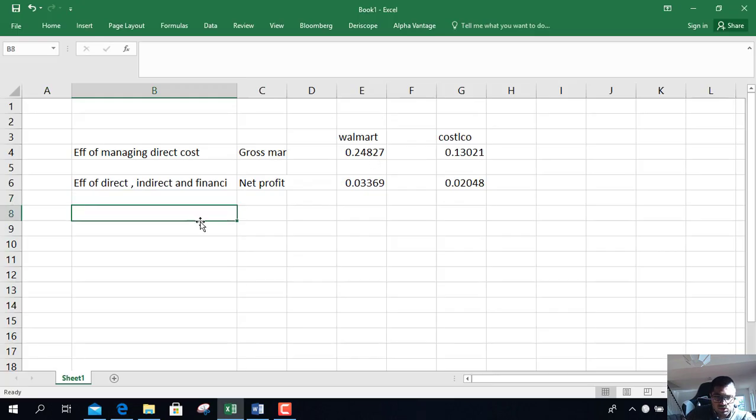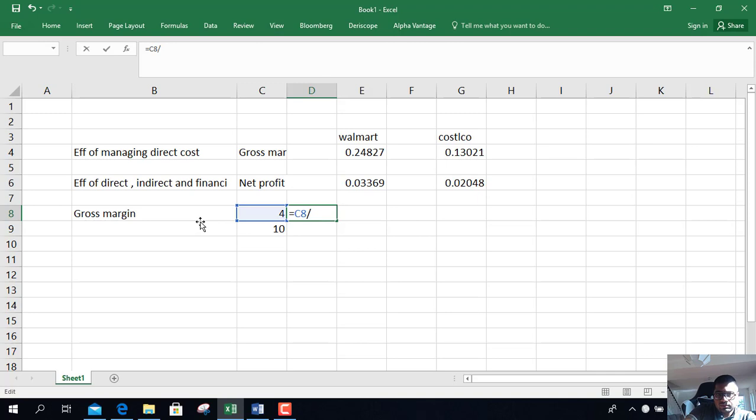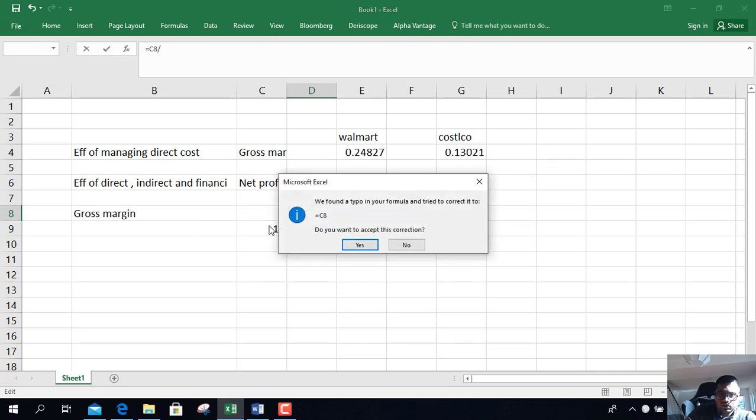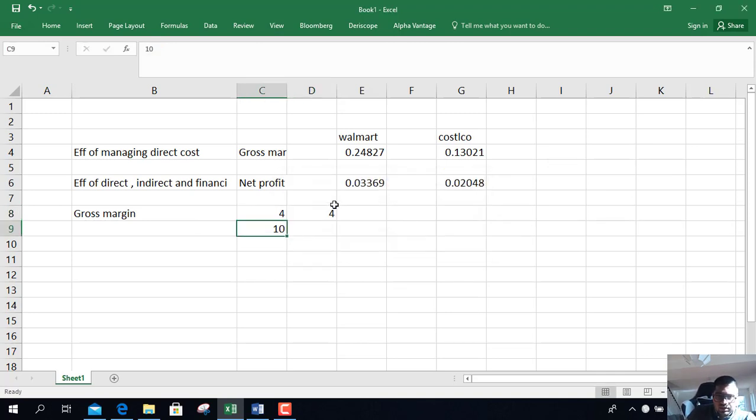So gross margin will be 10 minus 6 divided by 10. Okay, 40%.